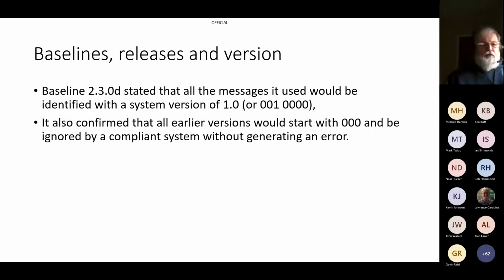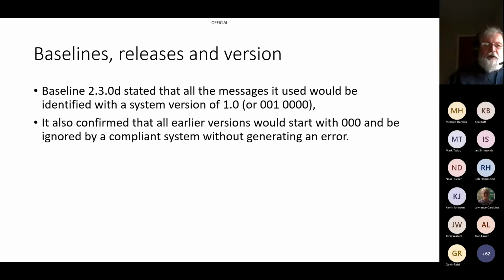So when baseline 230D was first published, it stated clearly that all messages used by that version would be identified with a system version of 1.0. X equals 1, Y equals 0, or if you want it in binary, it's 001 for the 1, 0000.